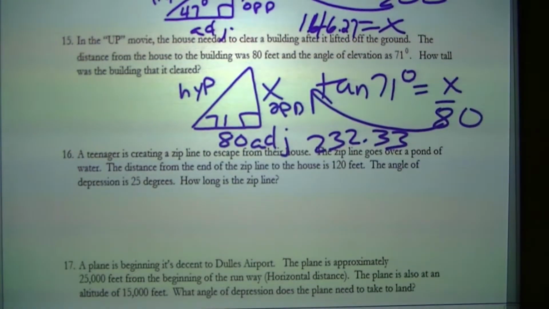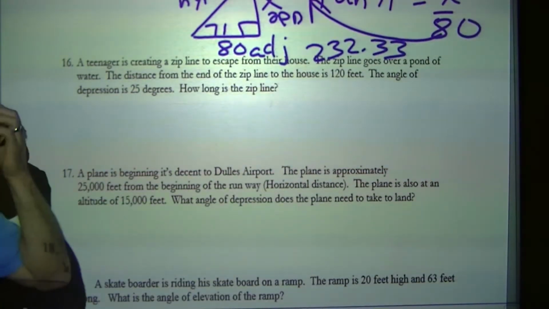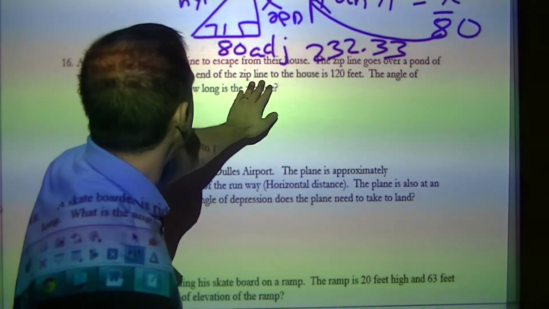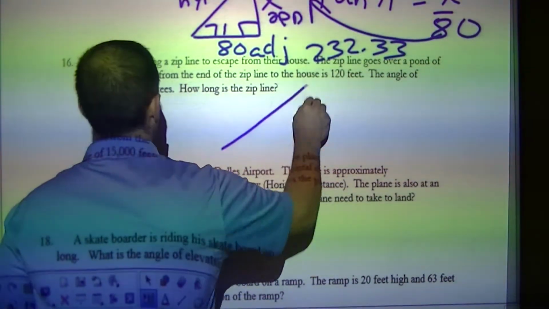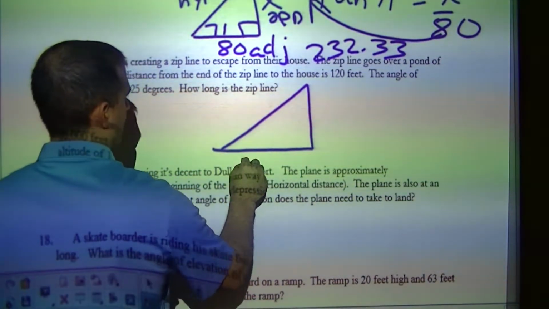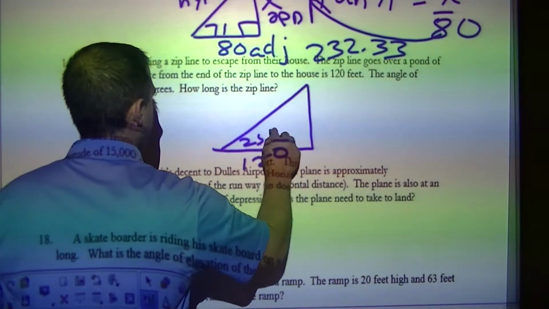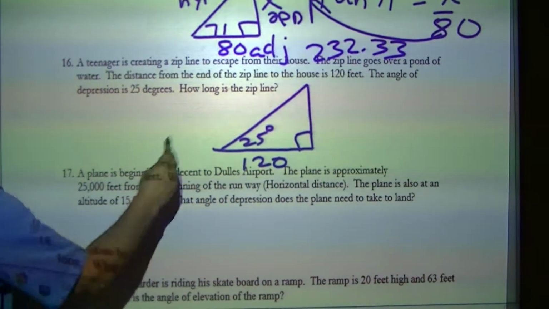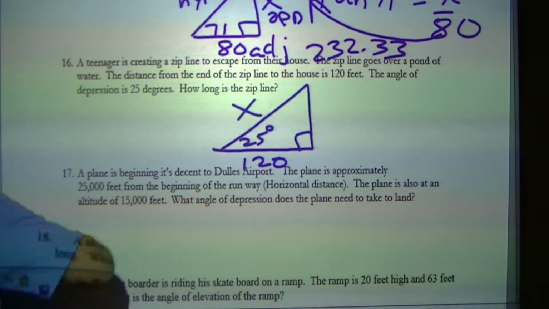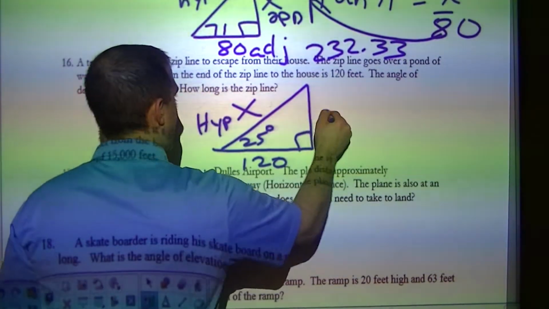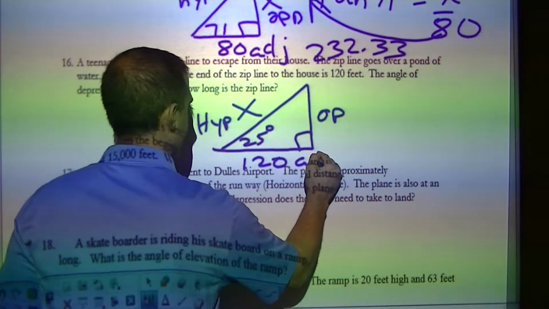We got 3 left here. The teenager is creating a zip line from the house. The zip line goes over a pond of water. The distance from the end of the line to the house is 120, so that's going to be 120. It's a depression of 25 degrees, so that's going to go here. How long is the zip line? That's going to go there, because that's that part of it. So it's the hypotenuse, the opposite, and the adjacent.